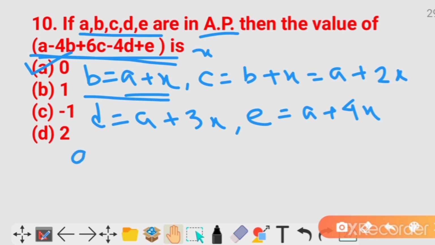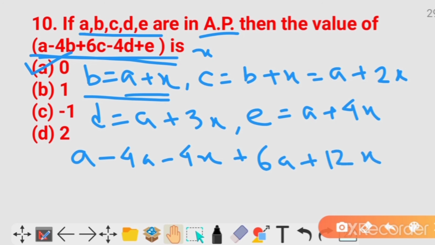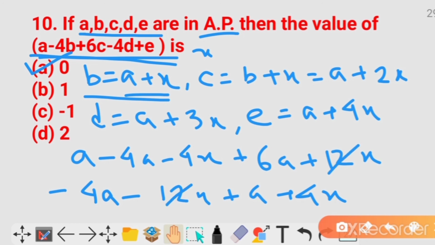So A will be A, minus 4B will be minus 4A minus 4X, plus 6C will be 6A plus 12X, minus 4D will be minus 4A minus 12X, and plus E will be A plus 4X. Okay, so here 12X is eliminated.